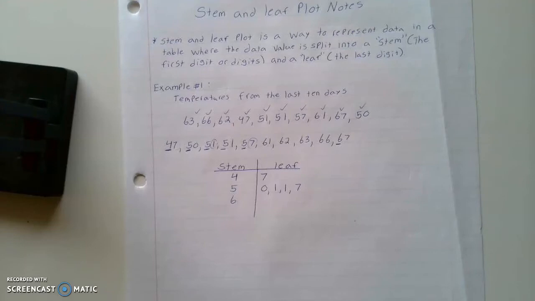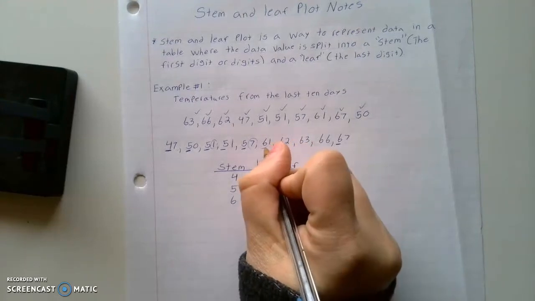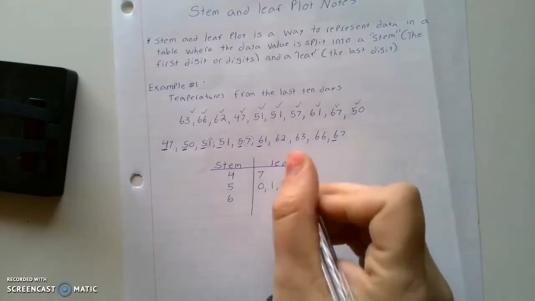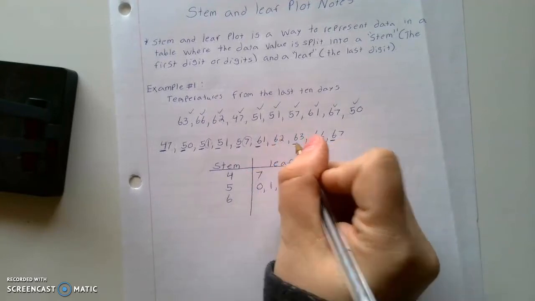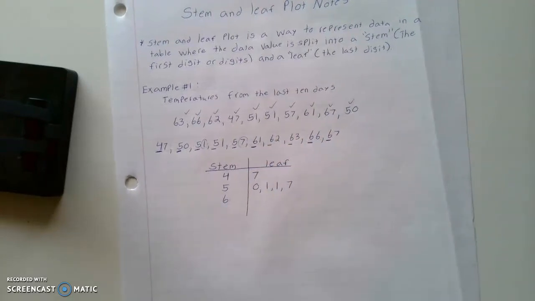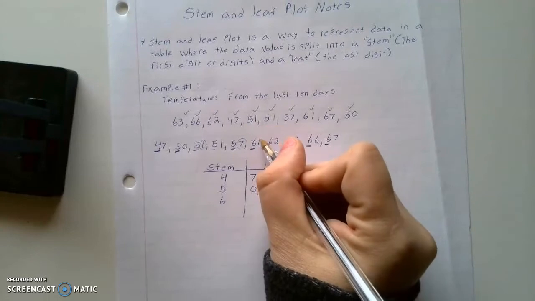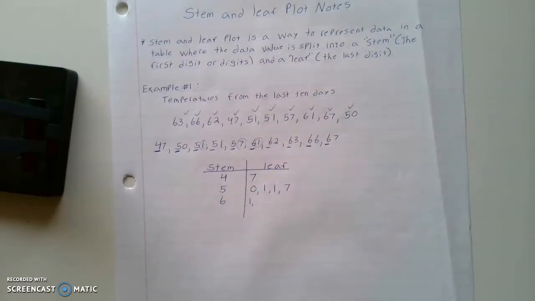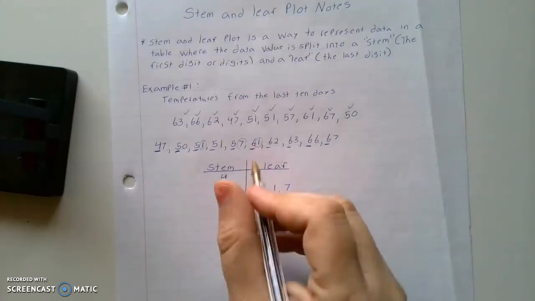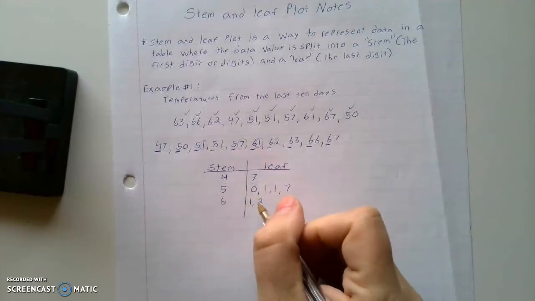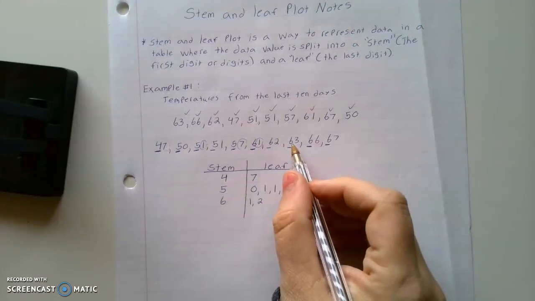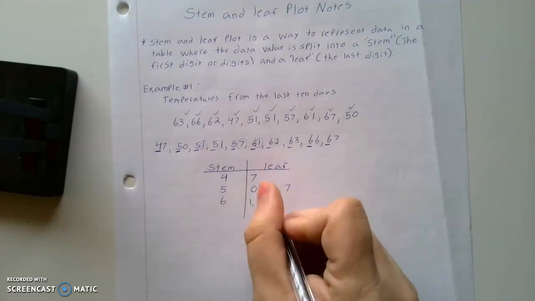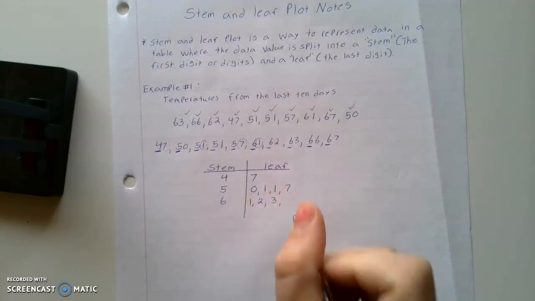Now I'm looking at all my numbers that have a stem of a 6, or all my numbers that are in the 60s. Okay, so remember, the 6 is my stem. So for my leaf, I'm looking at this last digit right here. So I have a 1, because I have 61. I would read that as 61. Okay, then I have a 2, so I'd read that as 62. I have 63, so my stem is a 6 and my leaf is a 3.